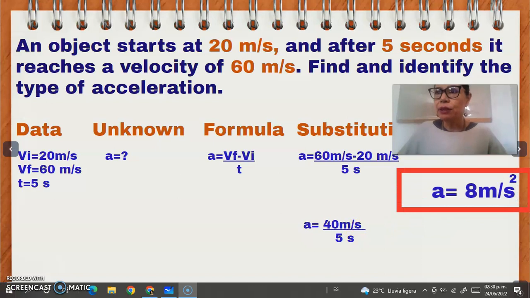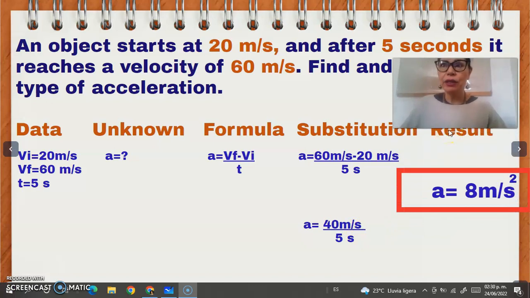The result is acceleration equals 8 meters over second squared. Okay, now why is the unit of acceleration meters over second squared? I'll explain it with the other problem.